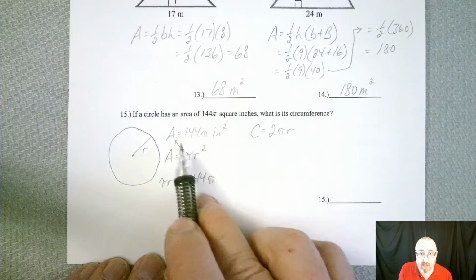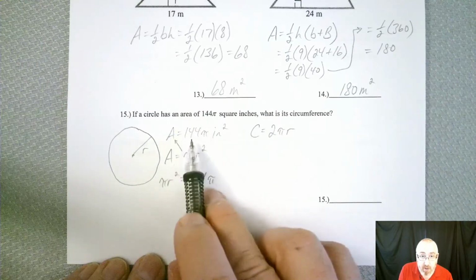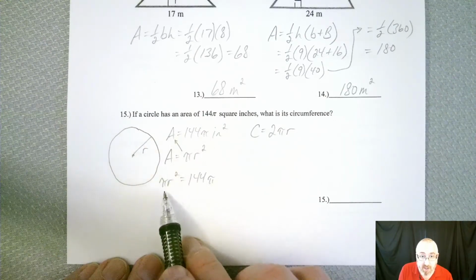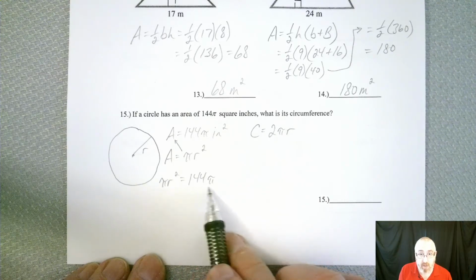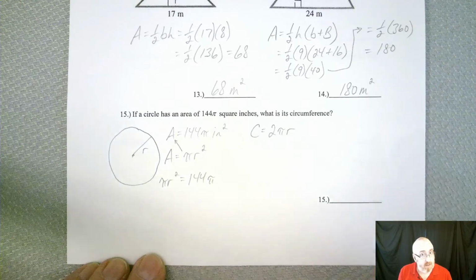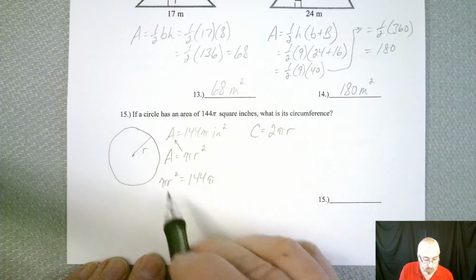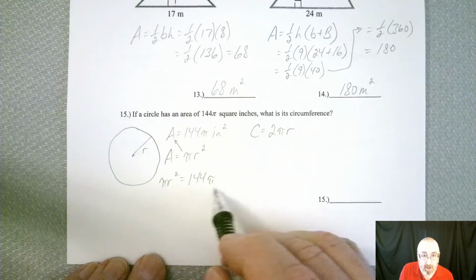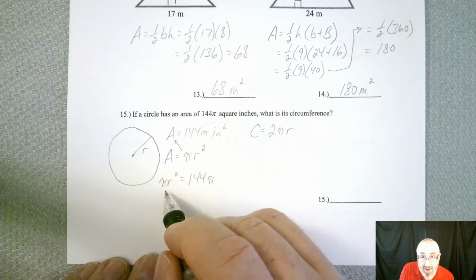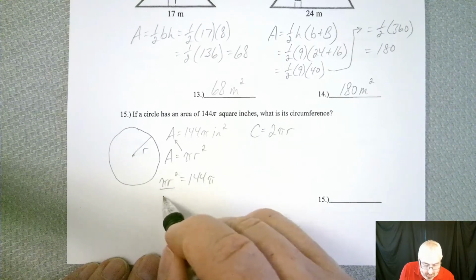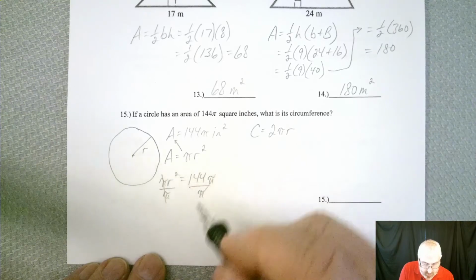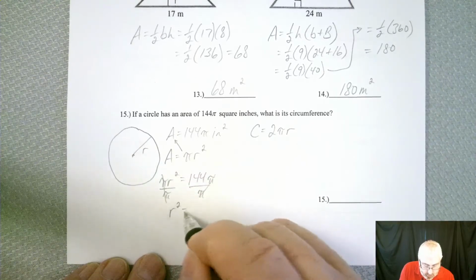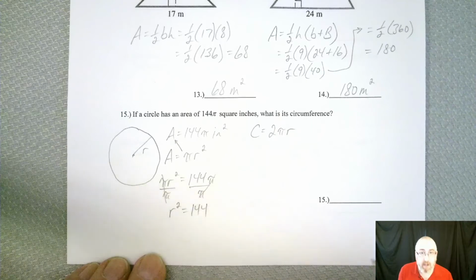So by replacing this A in this equation with this pi r squared, we get this new equation. So we got pi r squared equals 144 pi. Well, one thing we can do is, because there's a pi on both sides and it's multiplied on, we can divide by it. So the pi's are going to cancel out completely. So we got r squared equals 144.